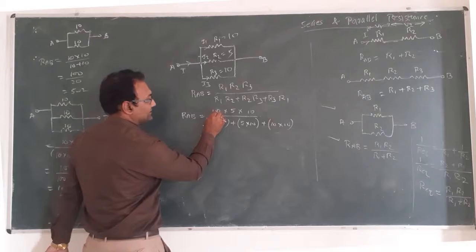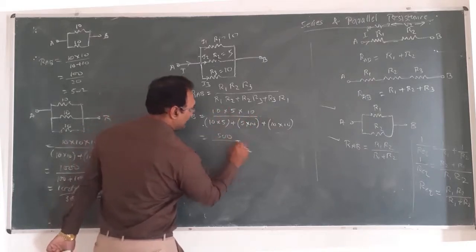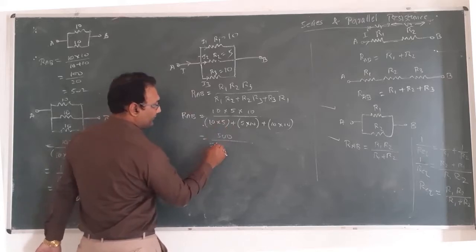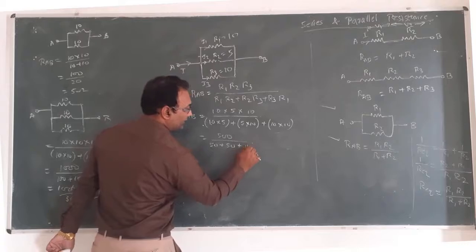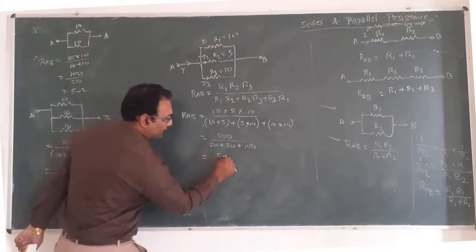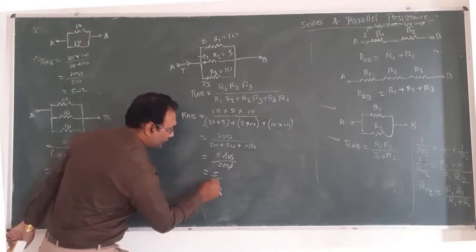So it is 10 into 10, 100, into 5, 500, divided by 50 plus 50 plus 100. So it is 500 upon 200, basically 5 upon 2.